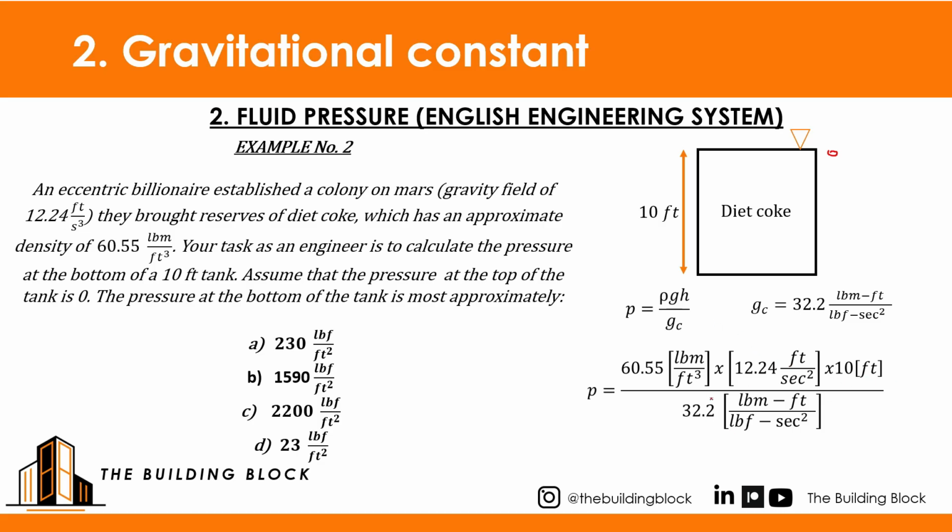Now, we divide all of this by the gravitational constant. Take a moment to cancel out the units. Pounds mass cancel out with pounds mass, feet with feet, seconds with seconds, and pound force goes on top. The power of the foot is now 2. So the pressure is calculated to be 230.165 pounds force per square foot.